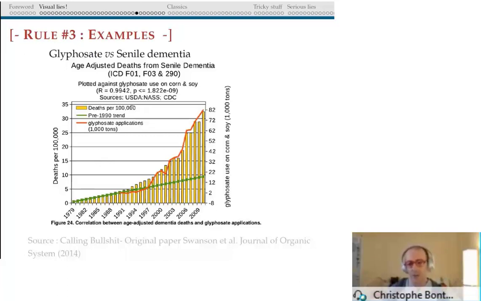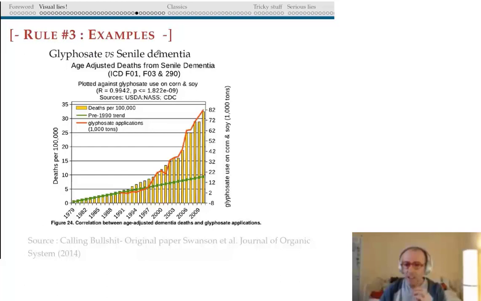So this shows an evolution over time. And here in red is the glyphosate application, and the scale for this red curve here is on the right. So the purpose here is to induce the reader into the idea that there is a link between glyphosate and senile dementia, which may be true, I don't know, may be true.